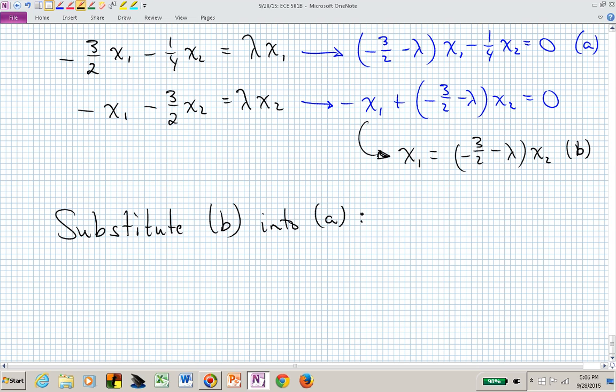So now we have minus 3/2 minus lambda. We need to get rid of x1 and just have x sub 2 in there. We now have minus 3/2 minus lambda times x sub 2, times minus 3/2 minus lambda, minus 1/4 x sub 2, and that's equal to 0.